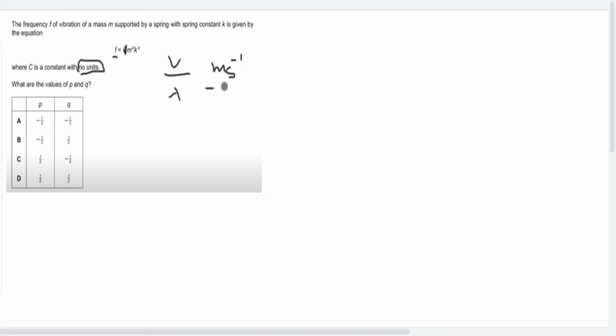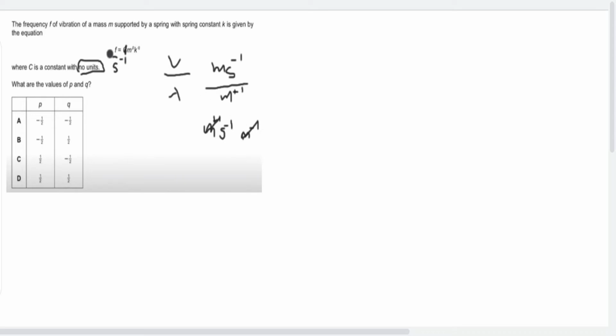Lambda is the measure of distance, so lambda will have the SI base unit of meter. So I'm going to replace lambda with m positive 1. Now this m positive 1, when it goes up, becomes m negative 1. This m negative 1 and this m positive 1 cancel each other out, and I'm left with s negative 1. So the frequency has the SI base unit of s negative 1.